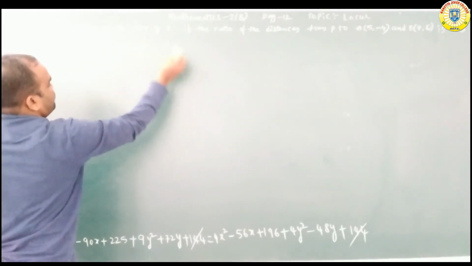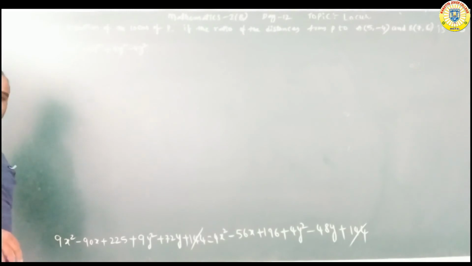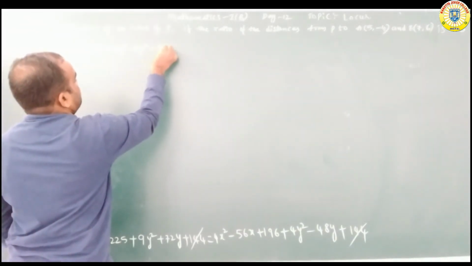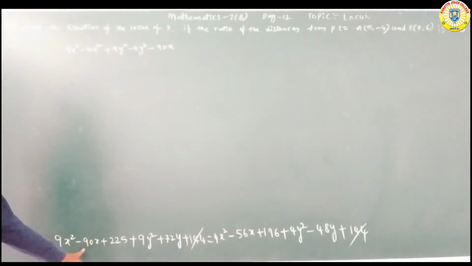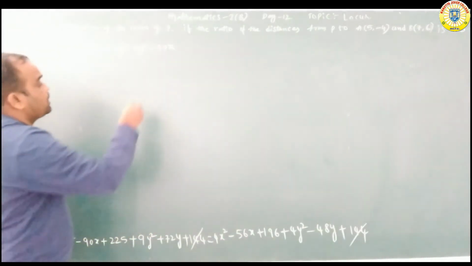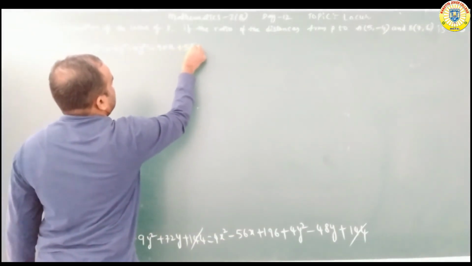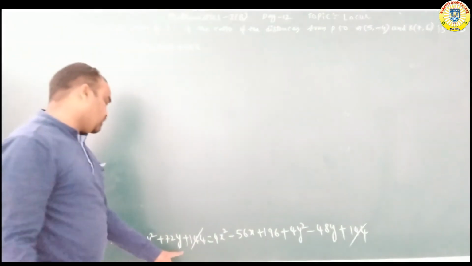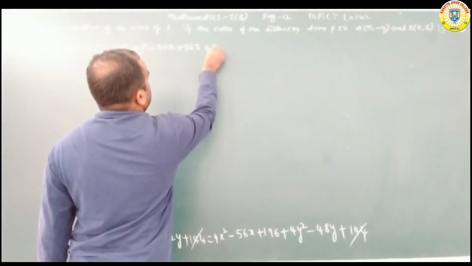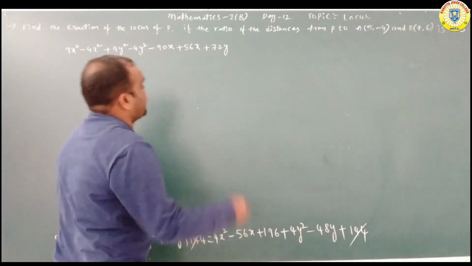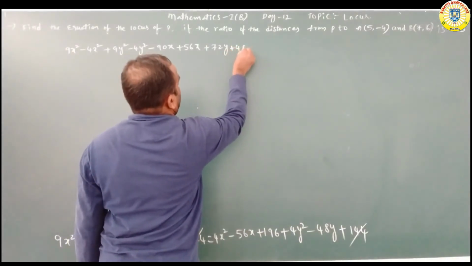Next, minus 90x, and the minus 56x we are taking to the left side as plus 56x. Next, y terms: 72y, and the minus 48y we are taking to the left side as plus 48y.